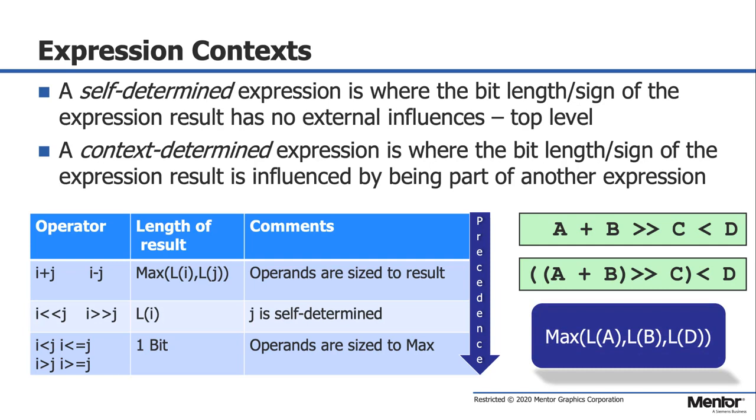And all of these operands, a, b, and d, will get sized to the largest operand, and c has no influence on the rest of the expression. It's a self-determined operand.